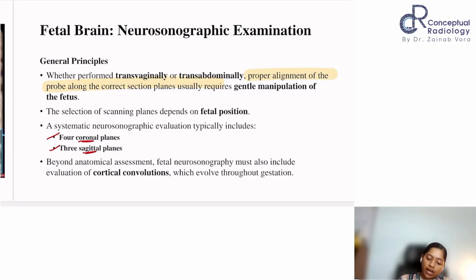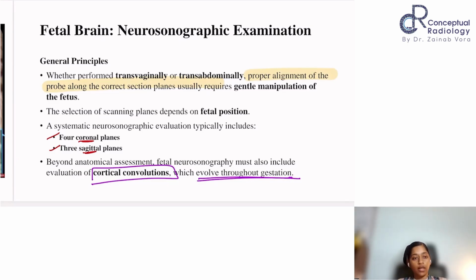Beyond that, when you are evaluating, you will also look for the sulci and gyri. So cortical convolutions are very important and they keep evolving throughout the gestation. You need to know how a particular structure, say the Sylvian fissure, looks at 18 weeks, how it looks at 28 and 36 weeks.